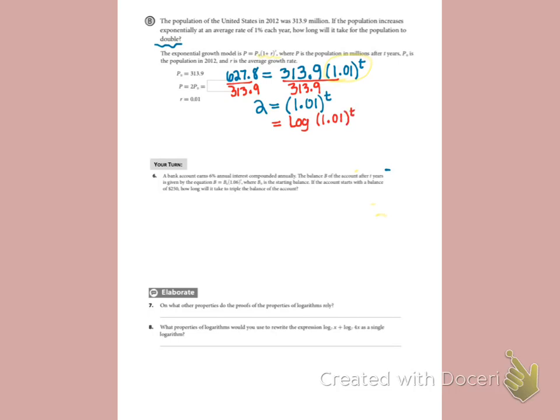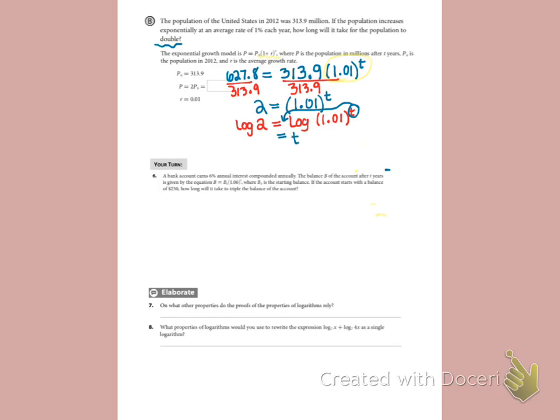And I'm going to take the log of both sides. Well, when I take the log of both sides, logs have this great property that says if you have an exponent on a logarithm, you can turn it into multiplication just by bringing it down in front. That's our power property.